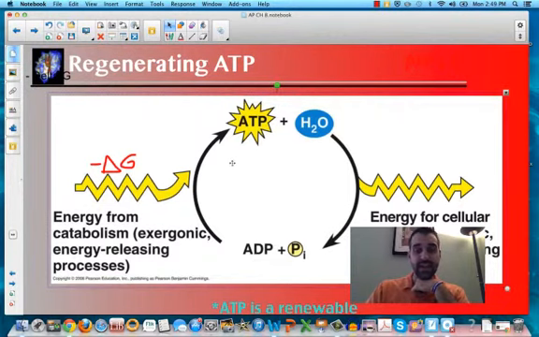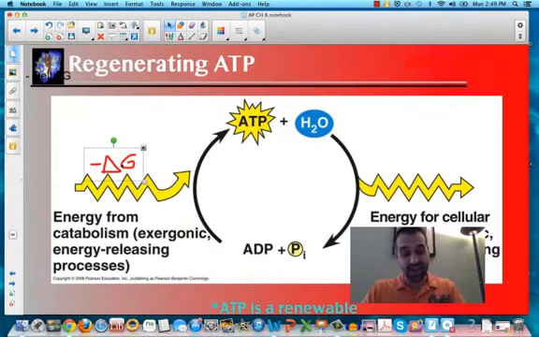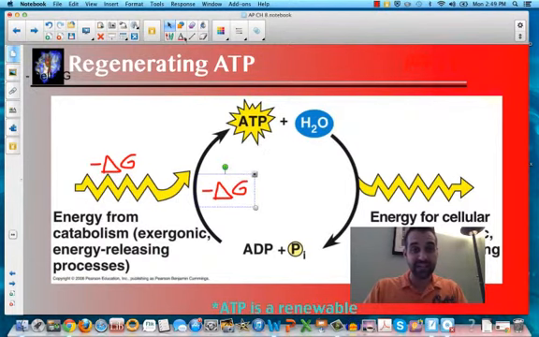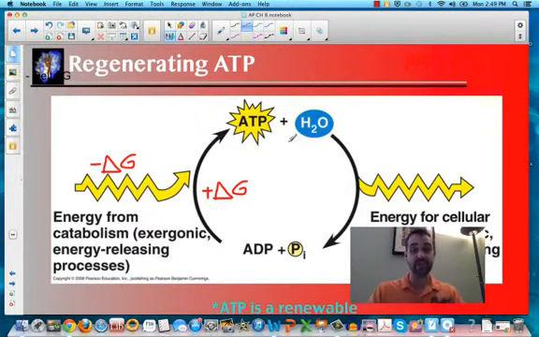To make ATP from the inorganic phosphate and ADP, this process, I hope you understand, is not a negative delta G, but it's actually an endergonic process, and therefore requires an input of energy, or is a plus delta G. This over here is exergonic.